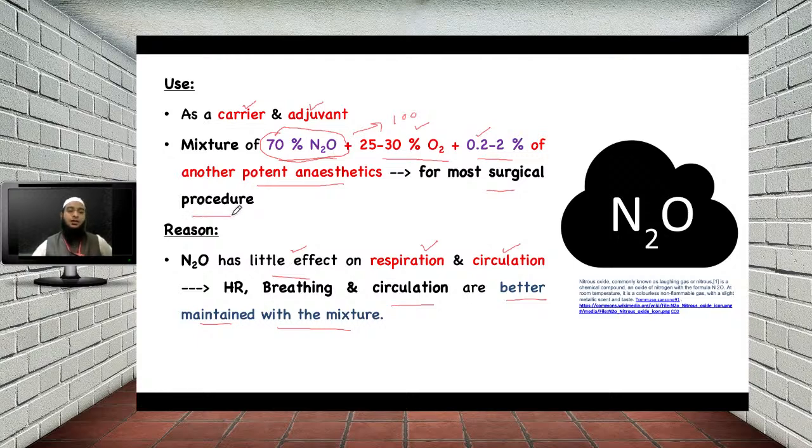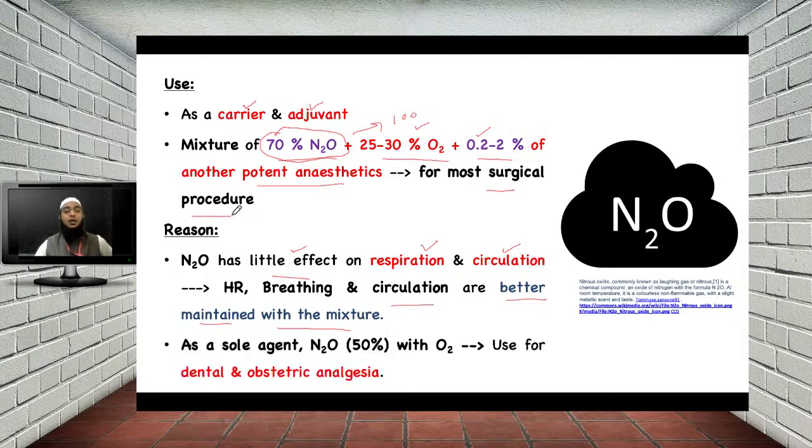But although it is used as a mixture, in some cases you can also use it as a sole agent. You can see in the next statement, as a sole agent, that is nitric oxide only, N2O is used at 50% concentration with 50% oxygen, but here you have not added any other potent anesthetic agent. Here you have used nitric oxide as a sole agent, but it cannot be used for major surgery.